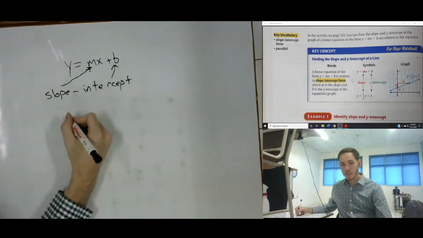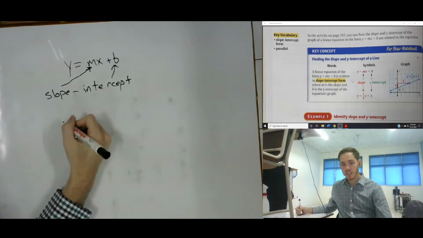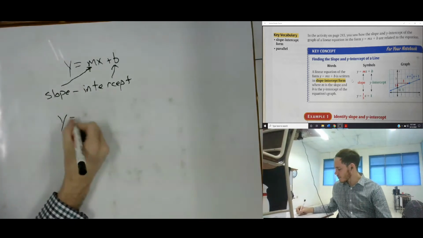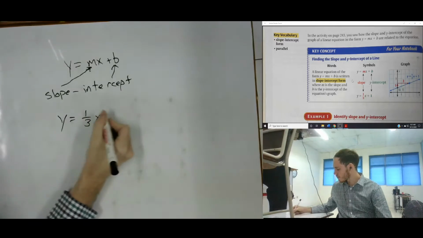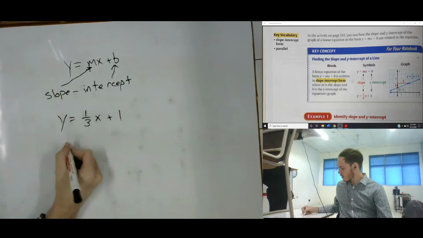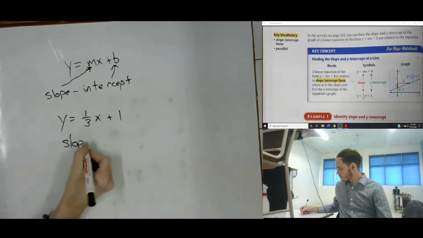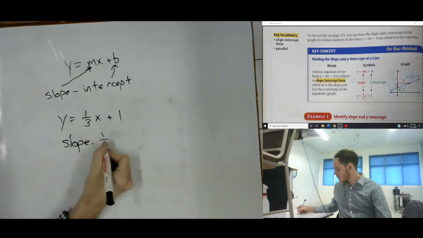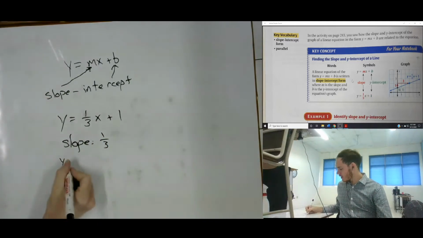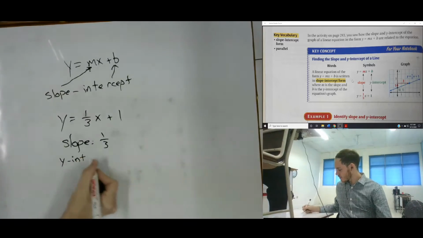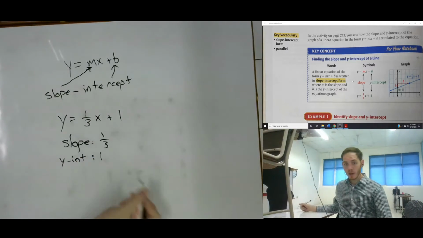Slope is going to be rise over run. So if we have something like this, our slope is 1/3, and our y-intercept is going to be 1.